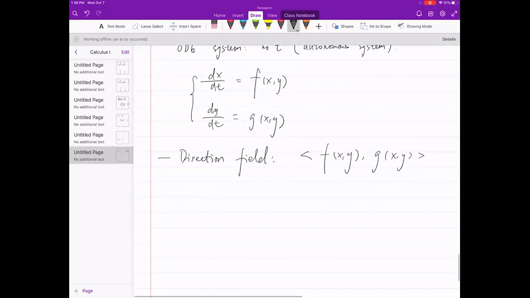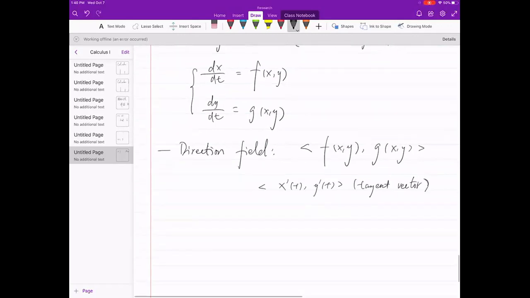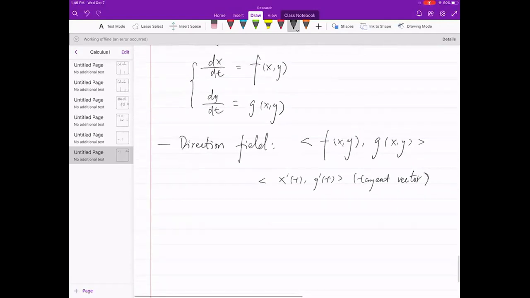But really, it's just x prime of t and y prime of t, which is the tangential vector, which basically gives you the velocity of your solution curve.